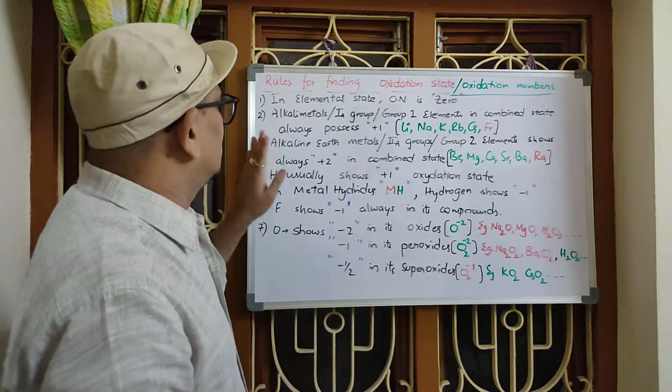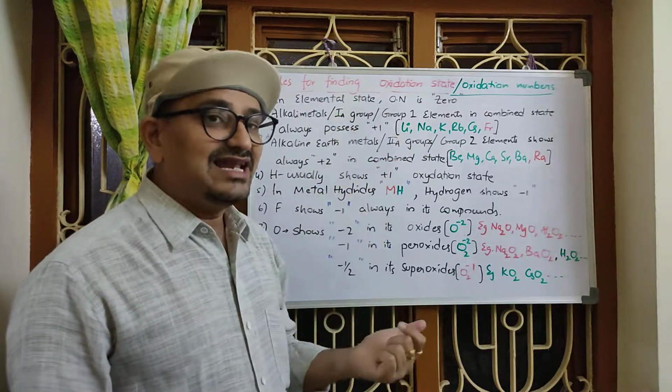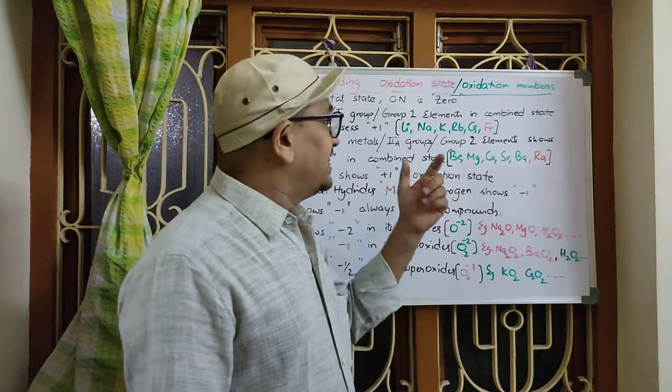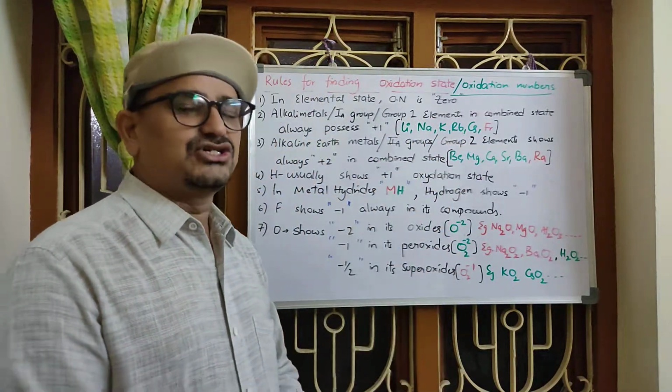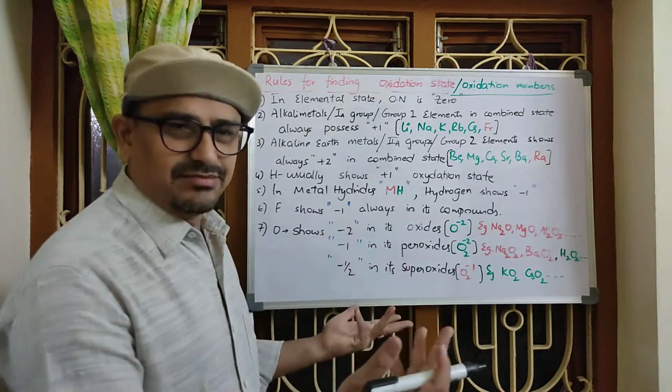These alkali metals, also called 1A group elements because their valency is 1, or group 1 elements, in their combined state always show plus 1 oxidation state, or oxidation number.